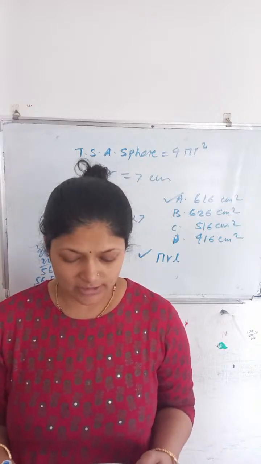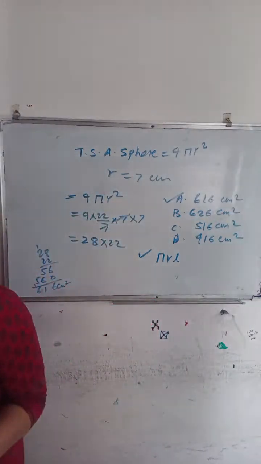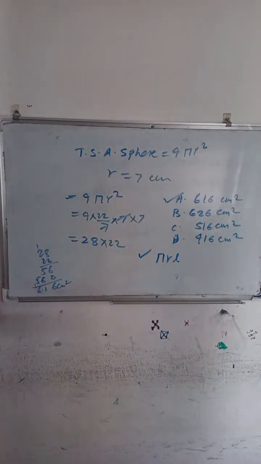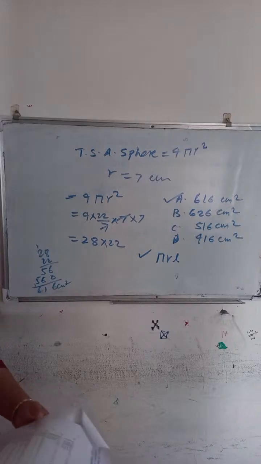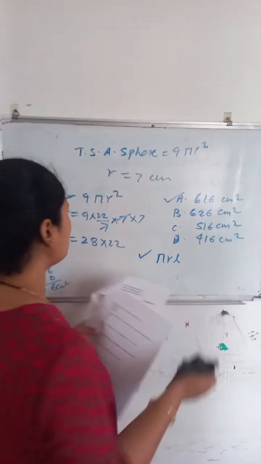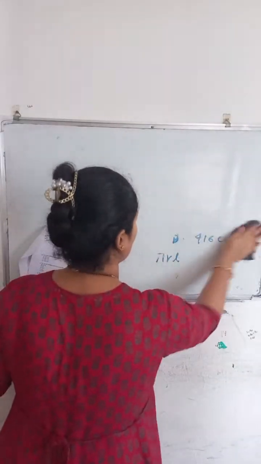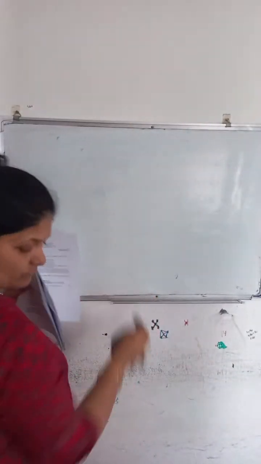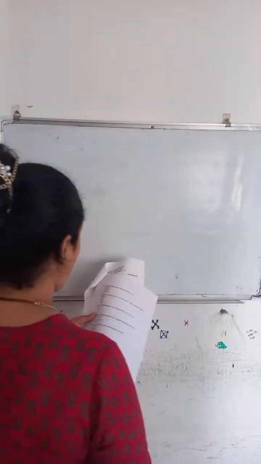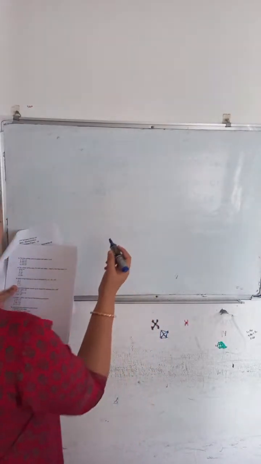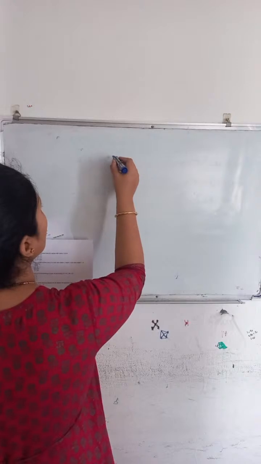Now write down the next question. Which of the following is a zero of the polynomial?